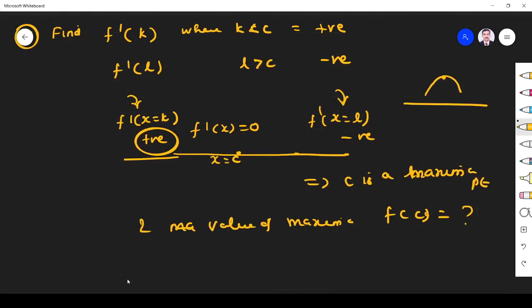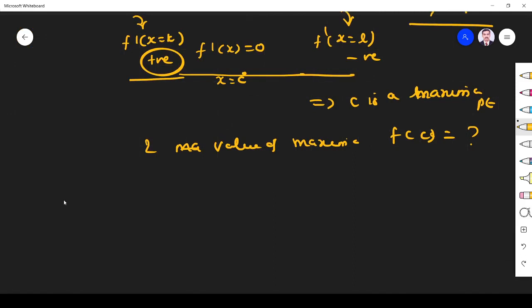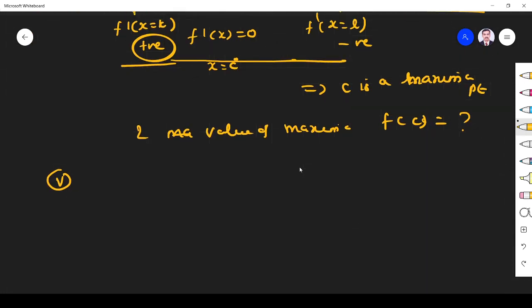Similarly, suppose this is step number 5. Suppose f dash of k becomes negative and this one becomes positive, what happens? Here we have x is equal to c, f dash of x is equal to 0.